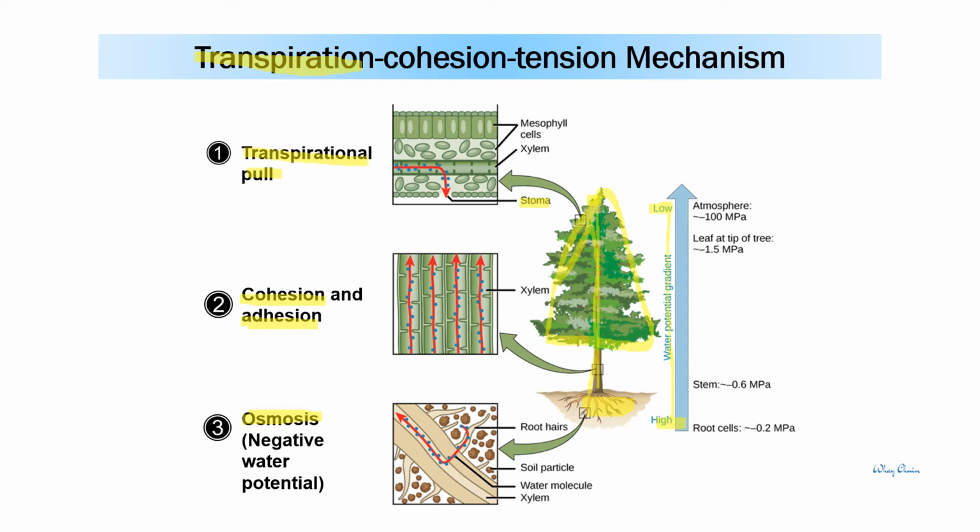This means that root cells have the highest water potential, which is around negative 0.2 megapascal, compared to the leaf cell, which has the lowest water potential because of water loss through the stomata, with around negative 1.5 megapascal. It means that the more negative the value is, the lower the water potential is.